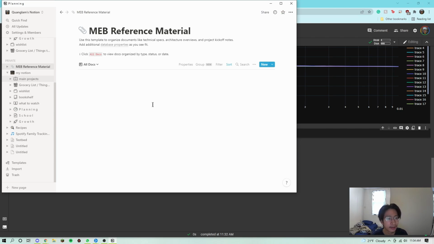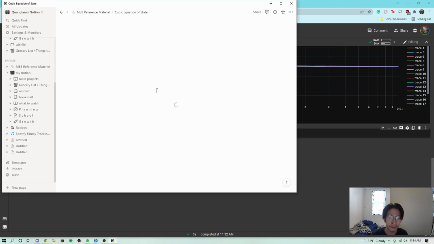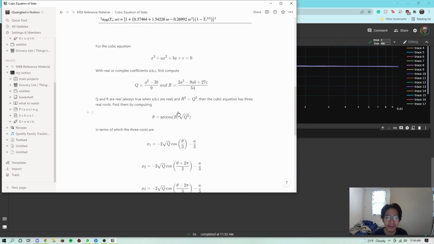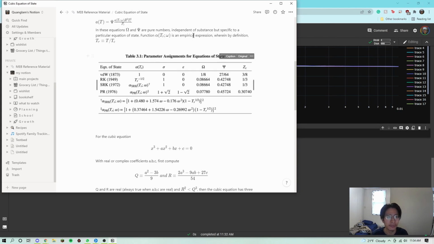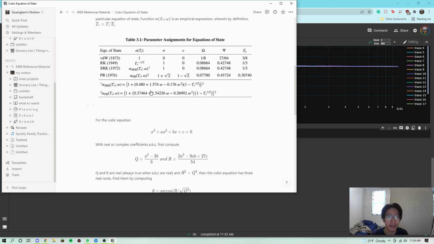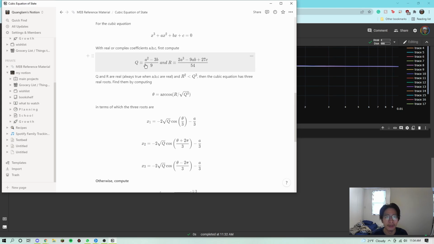I am just pulling up my reference material for this, because I can't remember all of it in my head, right? So remember last time we used all this stuff up here for the cubic equation of state. Today, for a cubic equation, it's saying that Q is equivalent to that expression, R is equivalent to that expression, and theta is equivalent to that.